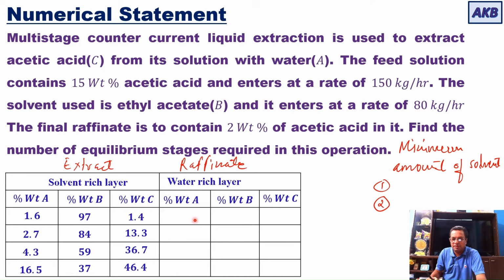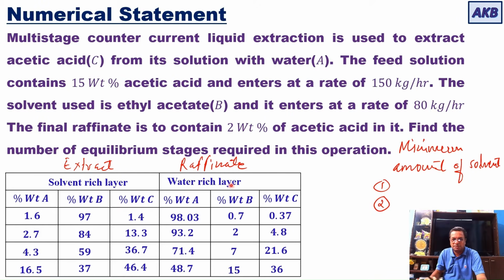In the same way, we have percentage weights of all the three components in the raffinate layer or water rich layer. Percentage weight of A, that is water, is given to us. Percentage weight of B is given to us, that is the solvent, ethyl acetate, and percentage weight of C is also given to us.